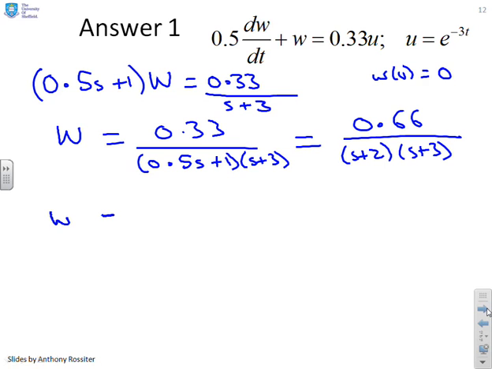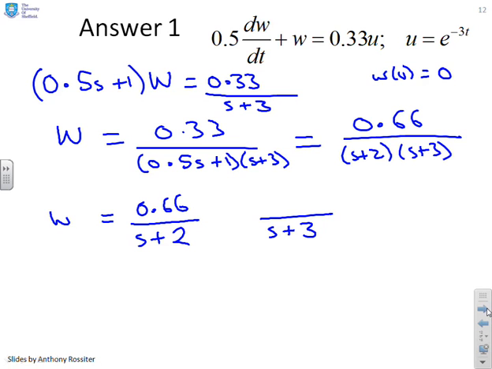So consequently I can write W in partial fractions again. I can write it as something over s + 2 and something over s + 3. So what's the something over s + 2? Well, we're going to cover the s + 2, set s equal to minus 2, and what do we get? We get 0.66/(-2 + 3), which is 0.66.